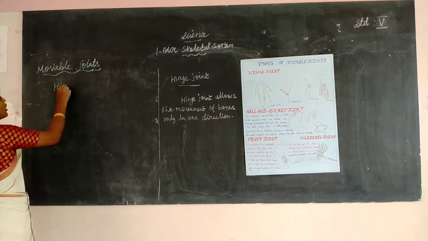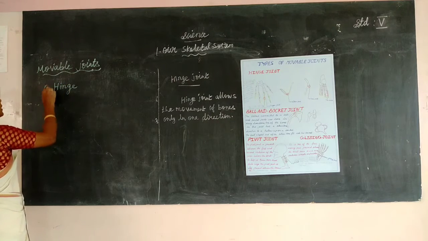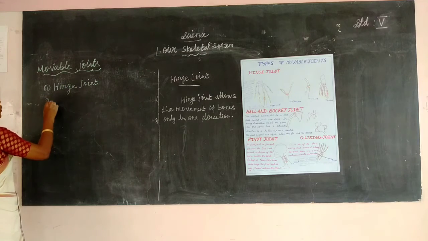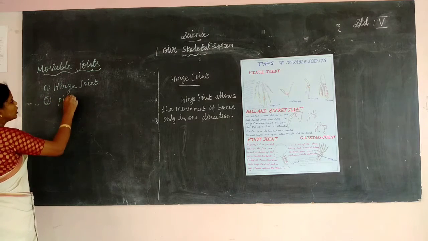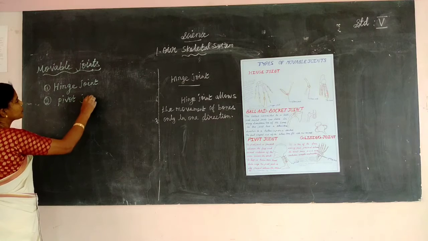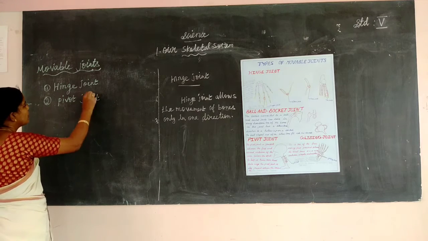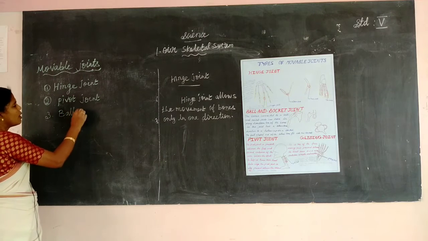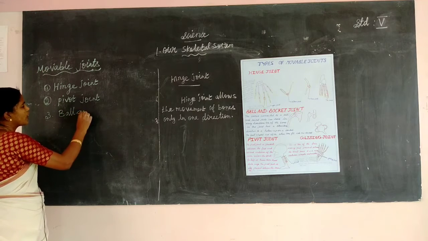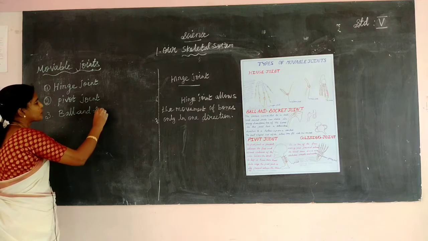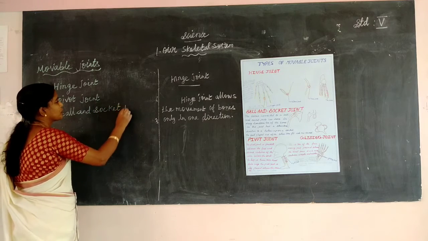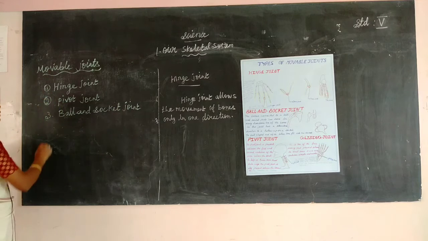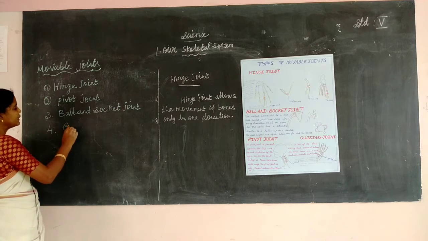First one, hinge joint. Second one, pivot joint. Third one, ball and socket joint. Gliding joint.